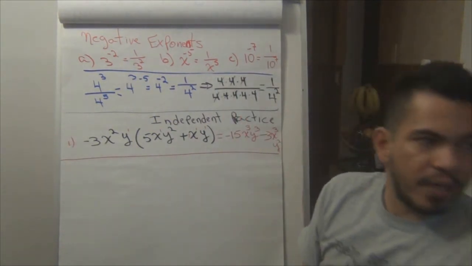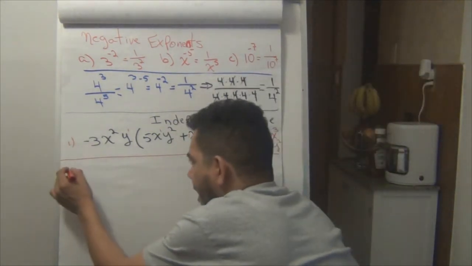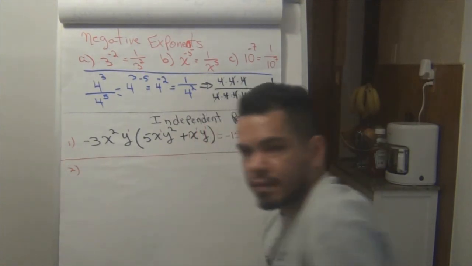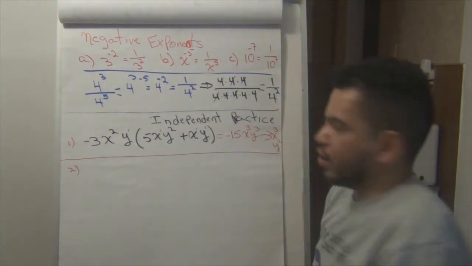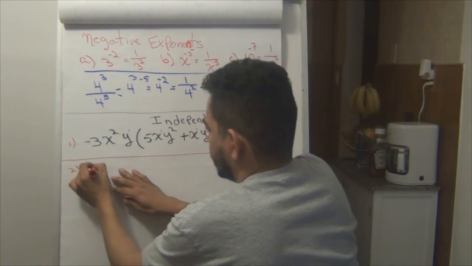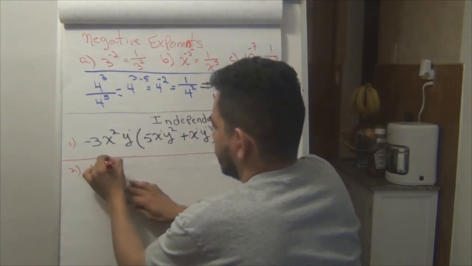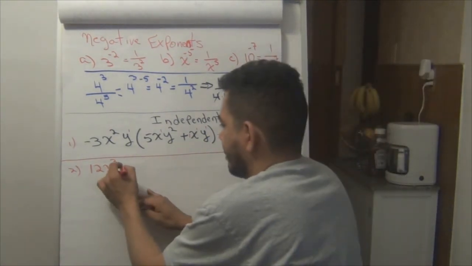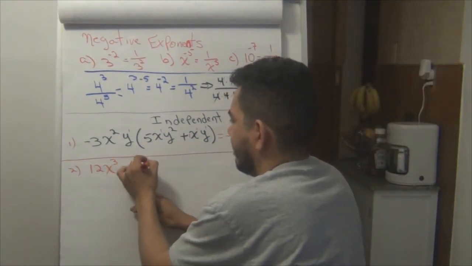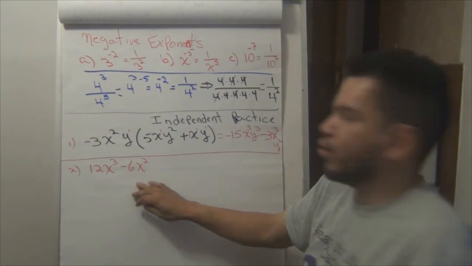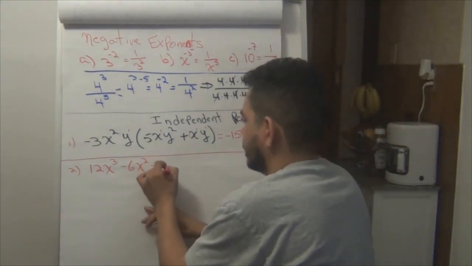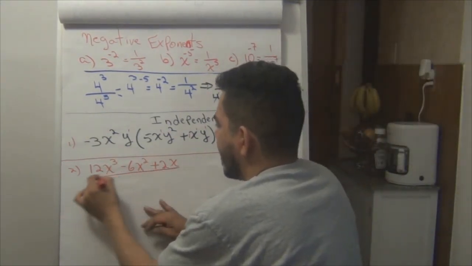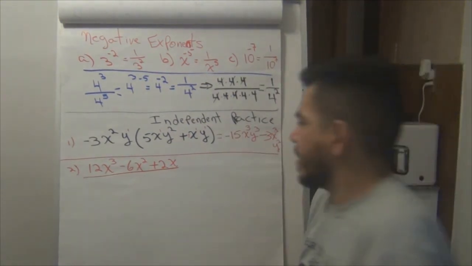Let's go on to the second one. It says 12x to the third minus 6x squared plus 2x, divided by 2x.